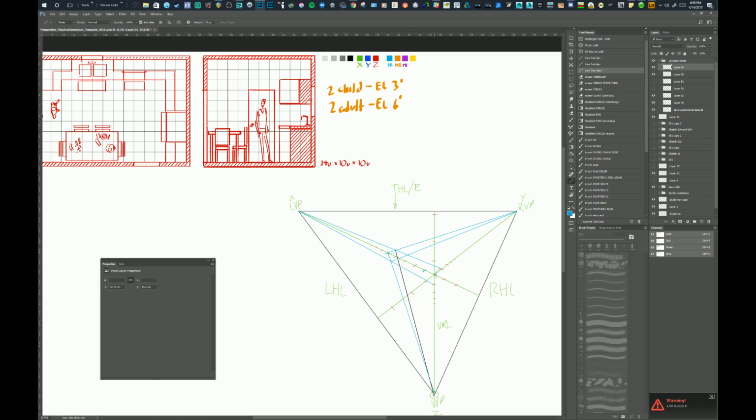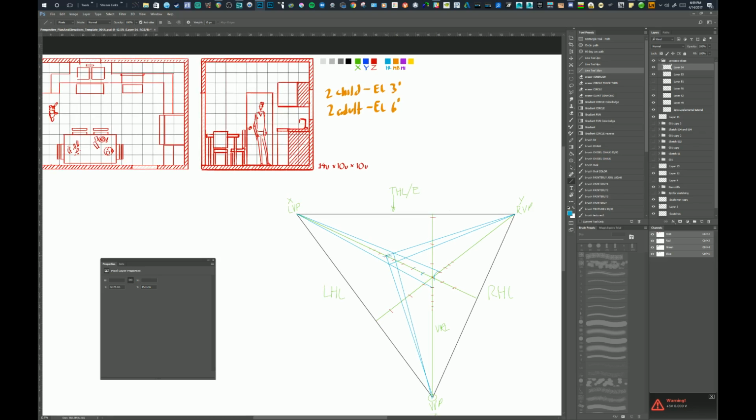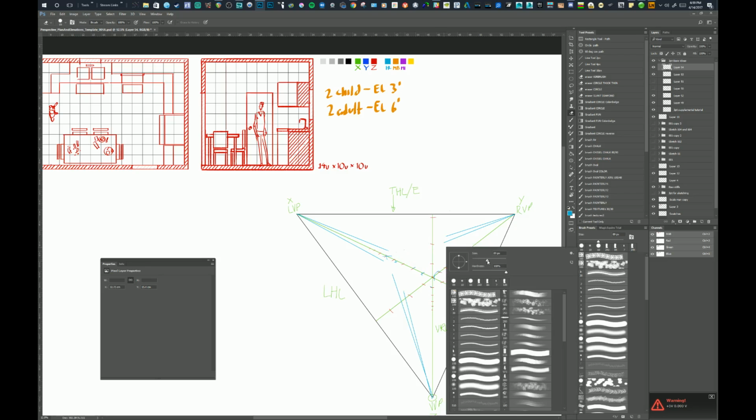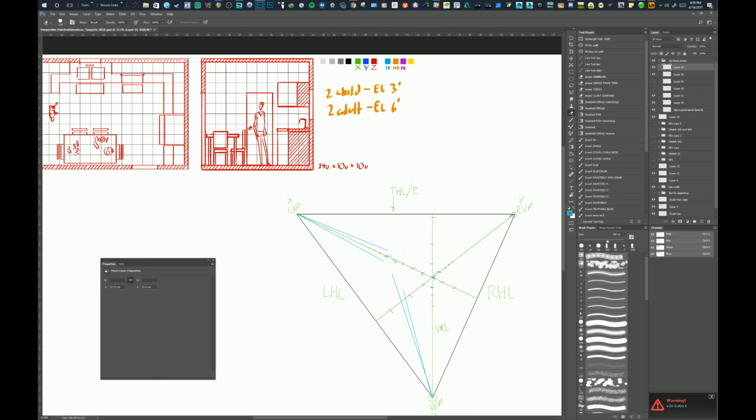So in 3 different axes, I now have the point back in space that equals the back part of that table. So I'm triangulating this space based on what I know about the space.